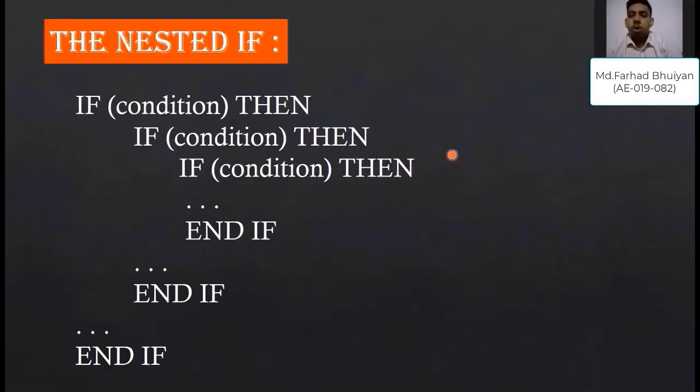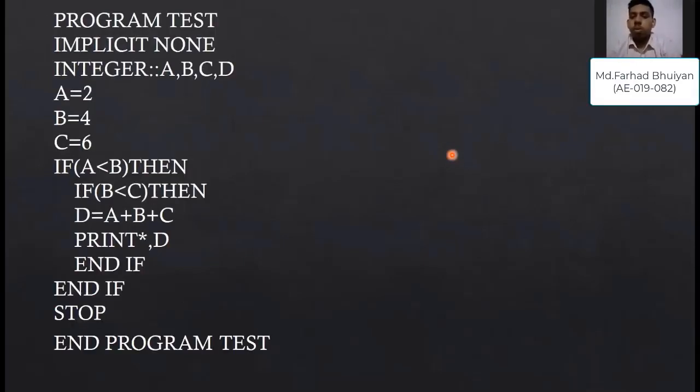Now I am going to show you an example. I am going to show you the same example that my groupmate Nihal has shown with the block if statement. Now I am going to show it with the nested if statement. So here is the example. Here A, B, C, D are four integer data type variables. Assume that A is equal to 2, B is equal to 4, and C is equal to 6.